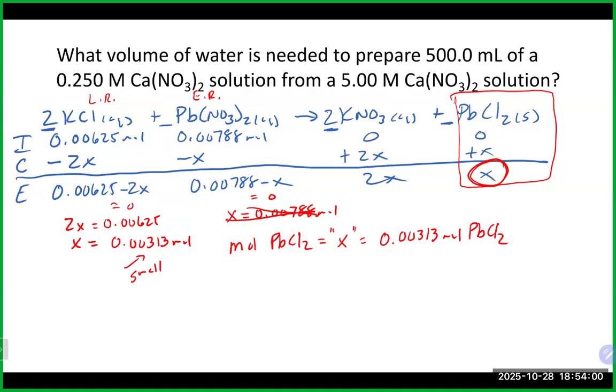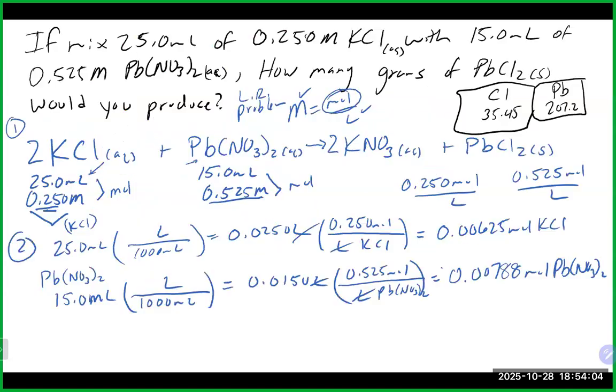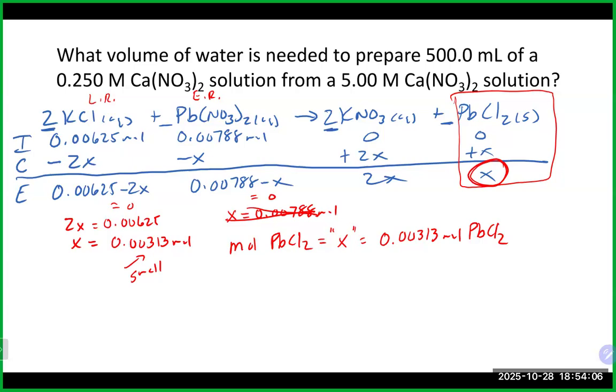We do want grams, so we will need the molar mass of PbCl2. Lead is 207.2 grams per mole, plus 2 times 35.45 for our chlorines.